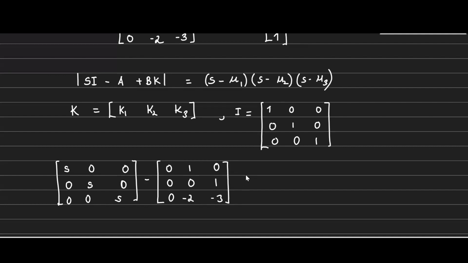And then plus B times K. So our B matrix is simply 0, 0, 1, and our K matrix is simply K1, K2, K3.